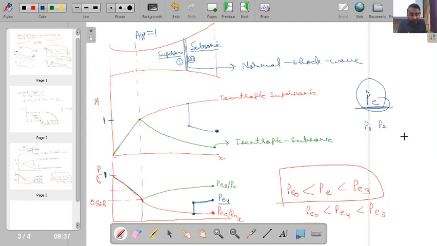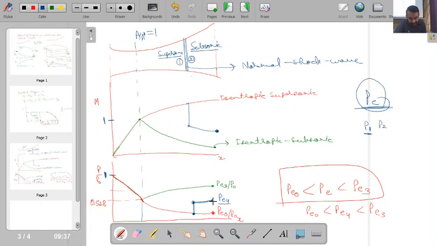So the sum of the pressure recovery and P2 should create a situation that gives the pressure on the upstream of the shock wave as P1. So basically it's the combination of the pressure on the downstream of the shock wave and the portion left where pressure recovery takes place, because these two things control how to reach P4. Depending upon that, the presence of the shock wave is controlled.